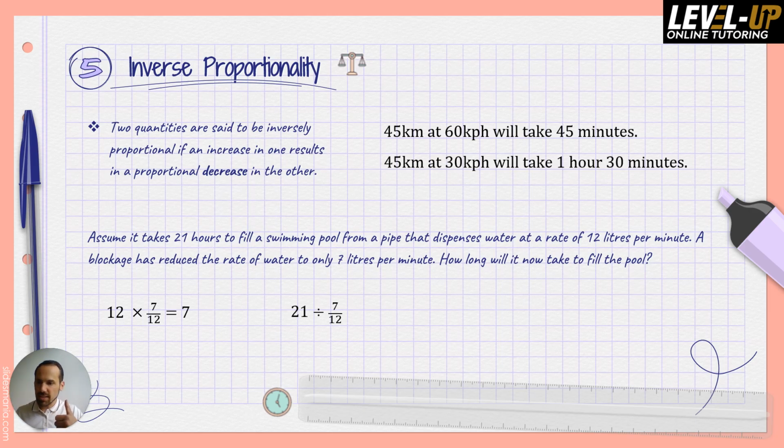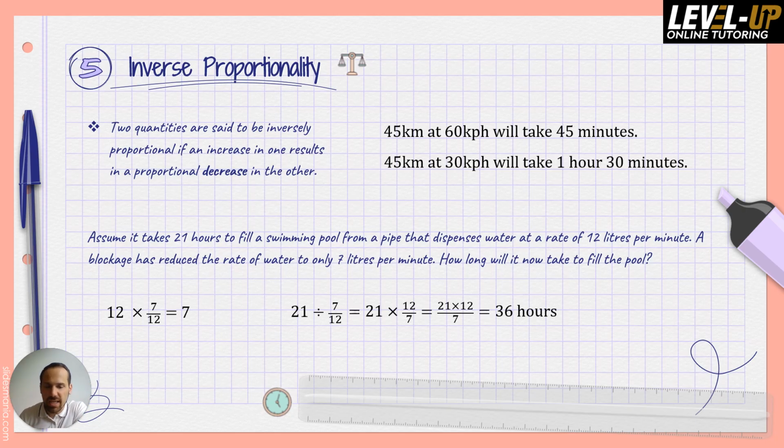Now we're going to divide by 7 over 12, which makes it bigger, because it's the same thing as times by 12 over 7, which is greater than 1. So that's the important thing with inverse proportionality: you have to flip that scale factor, because you need to ensure they're going in opposite directions. One goes up, the other goes down, and vice versa.